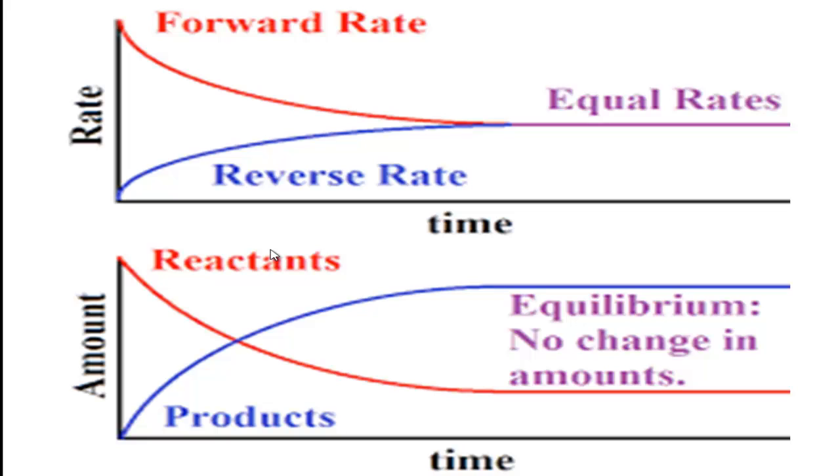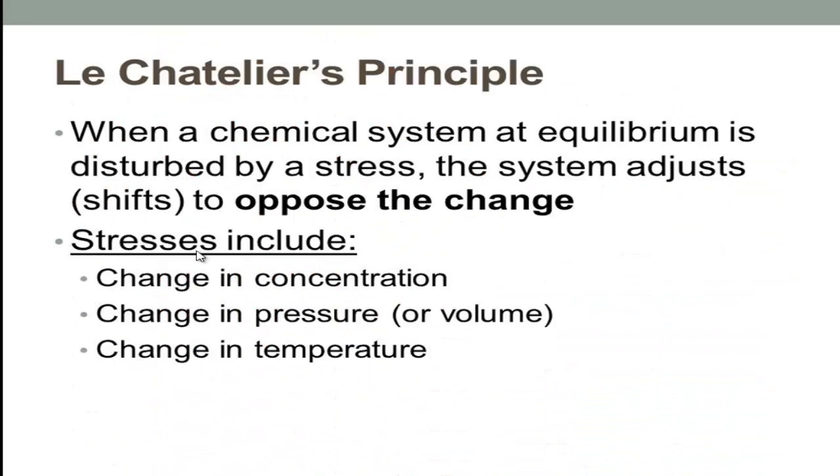Now we will know about Le Chatelier's principle. Le Chatelier's principle is that when a chemical system at equilibrium is disturbed by a stress, the system adjusts to oppose the change. That means when in any equilibrium position of a reversible reaction, a factor is changed, it is termed a stress.